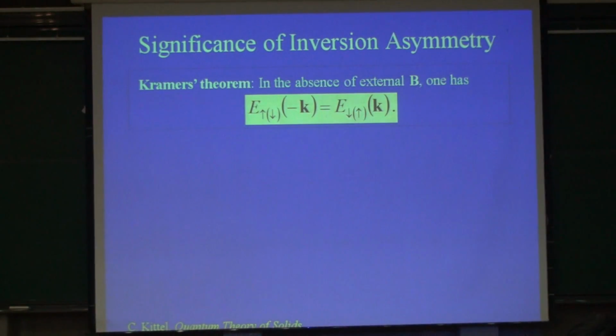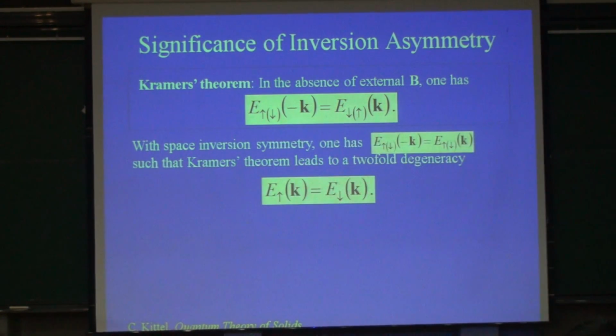Another thing is the Kramers theorem. In the absence of an external B field, we have time reversal symmetry: up electron and down electron move in different directions and should have some degeneracy like this. If you also have space inversion symmetry, then you will have this twofold degeneracy.